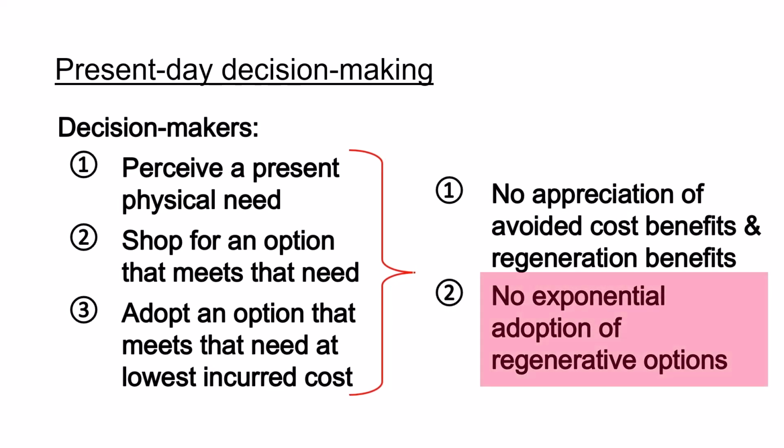Second, present-day decision-making adopts options at an incremental rate to meet present physical needs and contains no process for adopting regenerative options at an exponential rate. Without such an exponential process, decision makers are not going to adopt regenerative options at the exponential rate needed for reversing the planet's ecological crises.